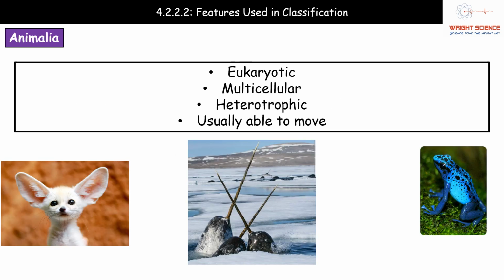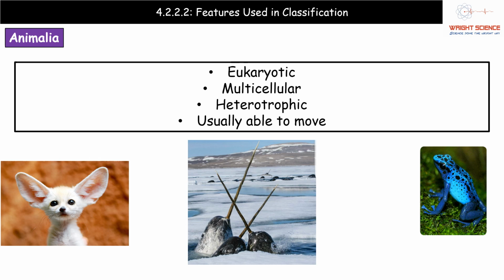Our next kingdom is Animalia, the animal kingdom. Now, first point, these are eukaryotic cells, which means they do have a nucleus. They've got 80S ribosomes, membrane-bound organelles, the whole shebang. And our animal kingdom is made up of multicellular organisms.